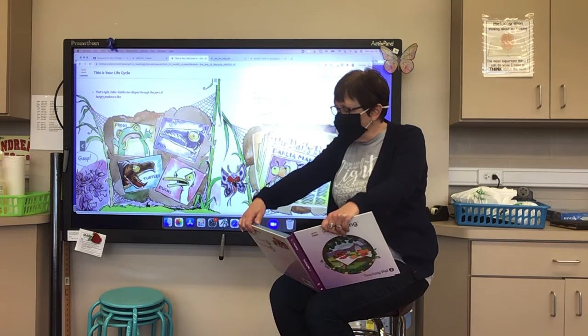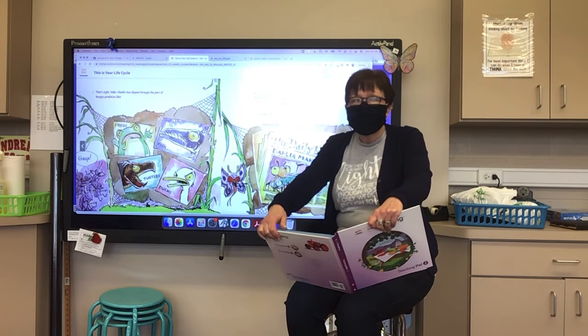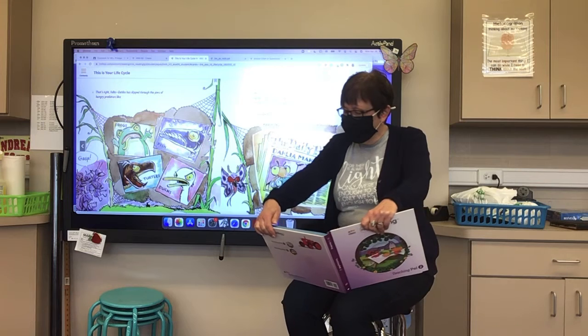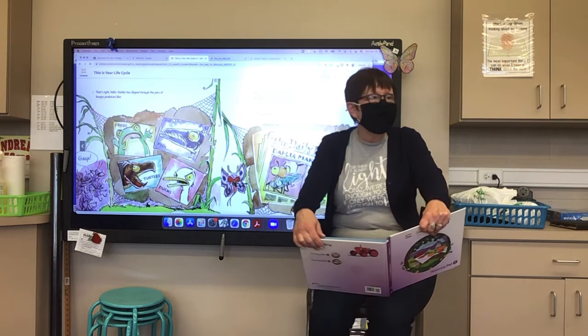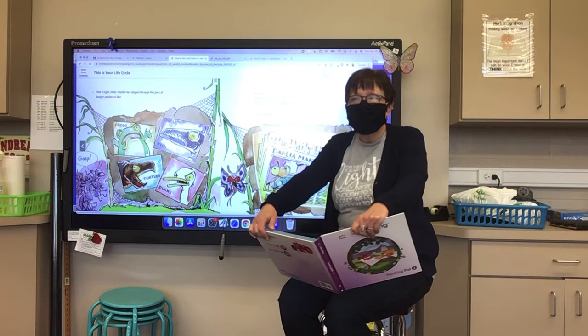So what stage of the insect life cycle is Dahlia in? Logan? Nymph. Very good. And how do you know that? Avery?